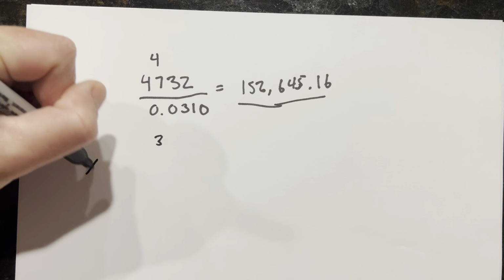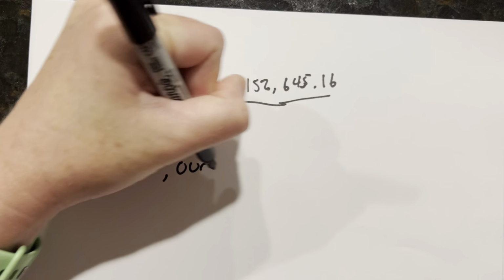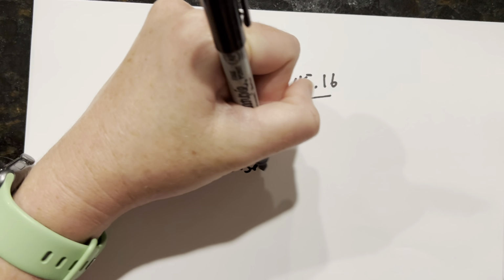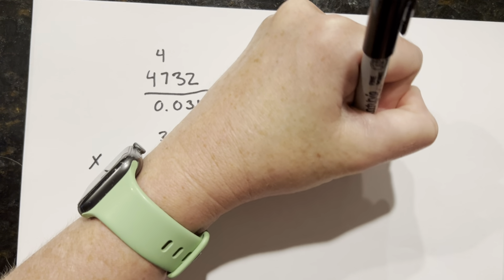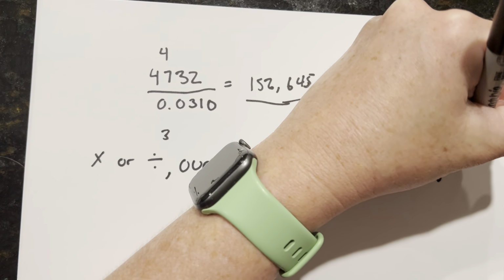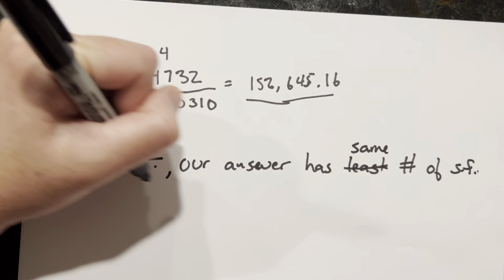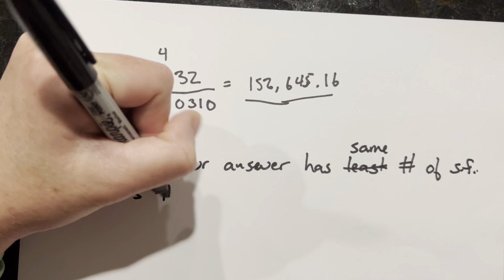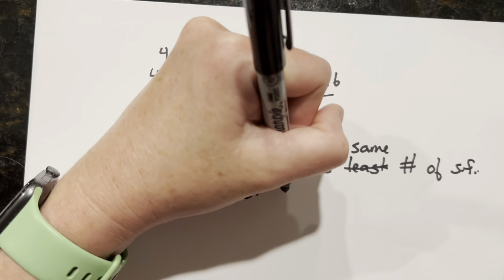Now remember, when we're multiplying or dividing, our answer has the same number of sig figs as the number with the least sig figs in the calculation.